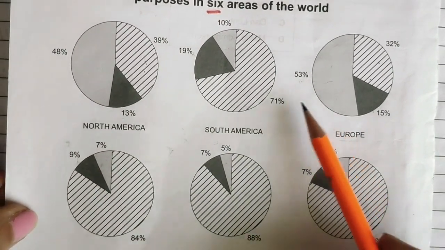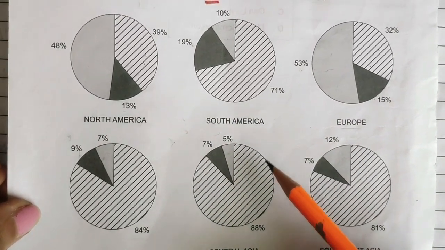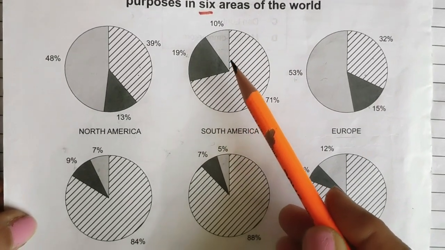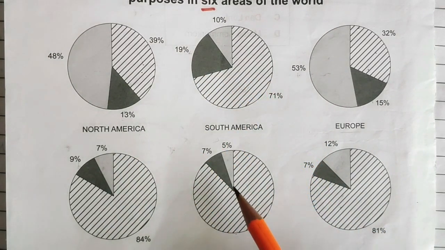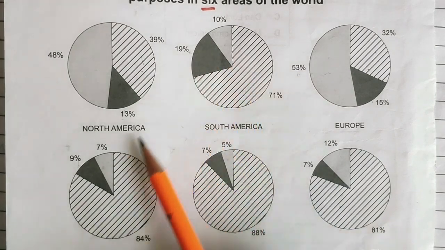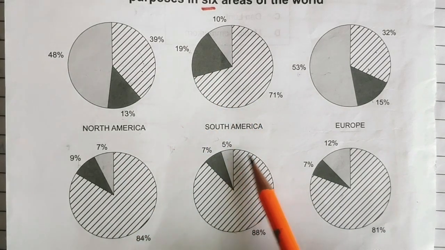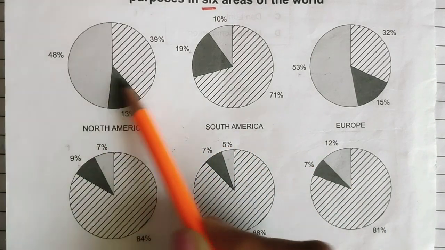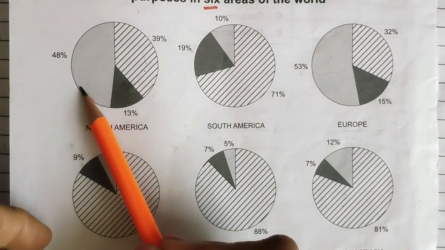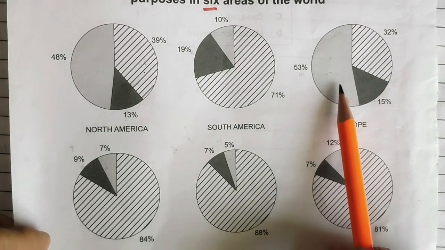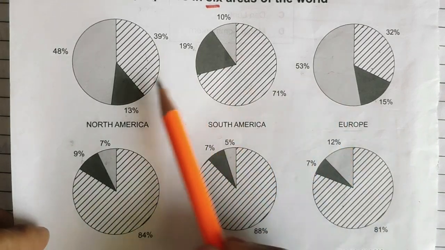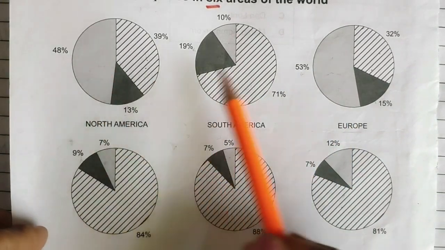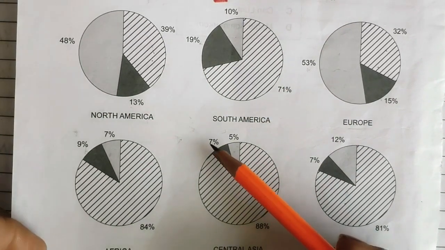And after this, the other 5 continents are following almost the same, here 10%, 7%, 5%, and 12%. Of course, North America and Europe are developed continents, so they have more industrial production, and that's why they are using more water for industry. And here they are less developed.